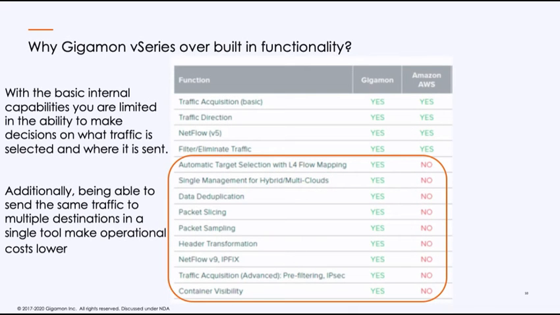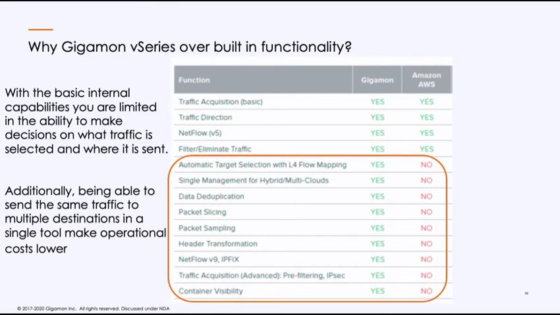One of the questions that's commonly asked is, why would I use Gigamon over the built-in capabilities within AWS? This chart gives you some of the things that are really nice to leverage, especially when I need to feed the traffic into my tools. My tools are consumption-based. A lot of times you're paying for the data on those tools. You're paying for the throughput on those tools, the compute, of course.